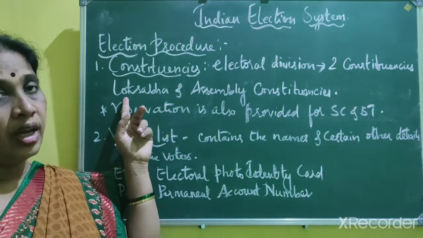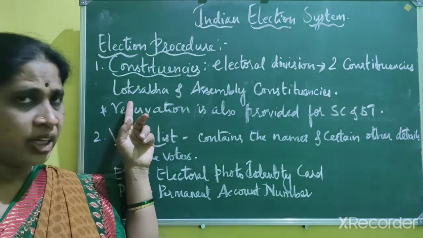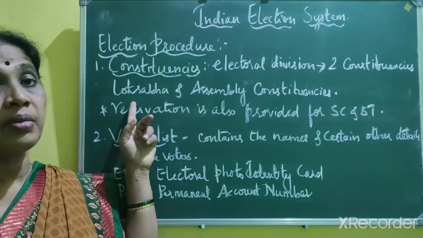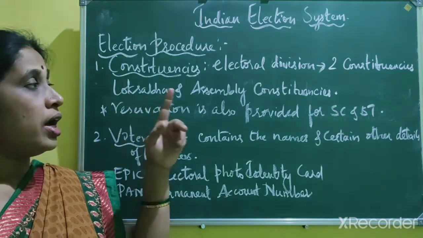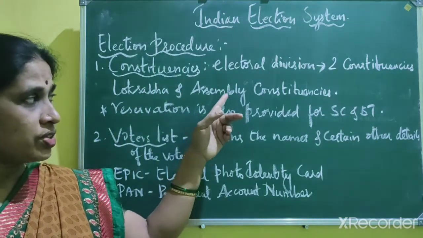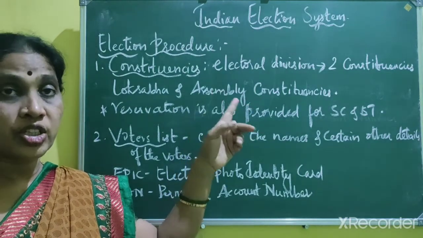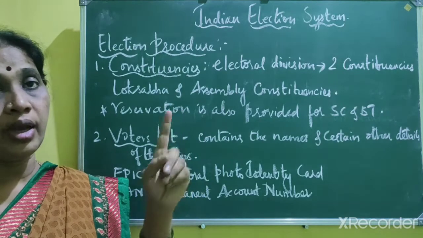In the Lok Sabha constituency, if the individual contests and is elected, he will become a member of parliament, that is an MP. And if an individual contests for the assembly constituency, then he will become a member of the legislative assembly, or MLA.